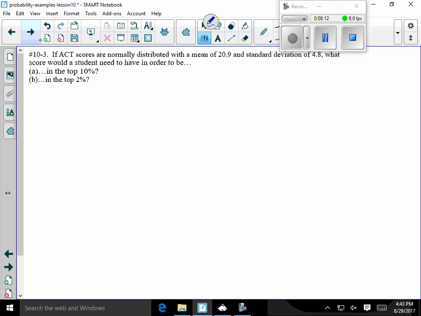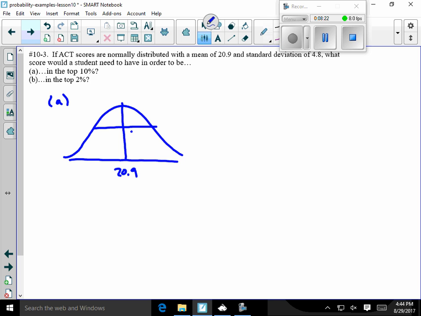Okay, so on this problem, we're going to draw a distribution like we did before. The mean is 20.9, the standard deviation is 4.8, which means this would be 25.7. And this one, if I subtract 20.9 minus 4.8, is 16.1. So I have a scale here.